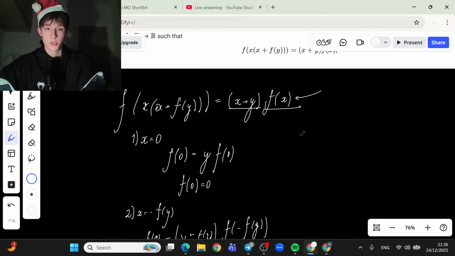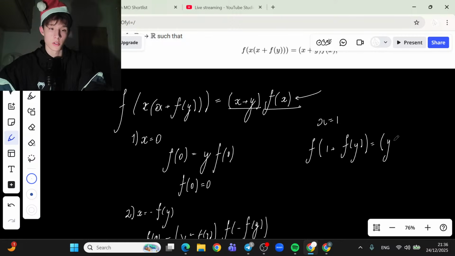Okay, so also if I plug in x equals 1, I'll get f of 1 plus f of y equal to y plus 1 times f of 1.